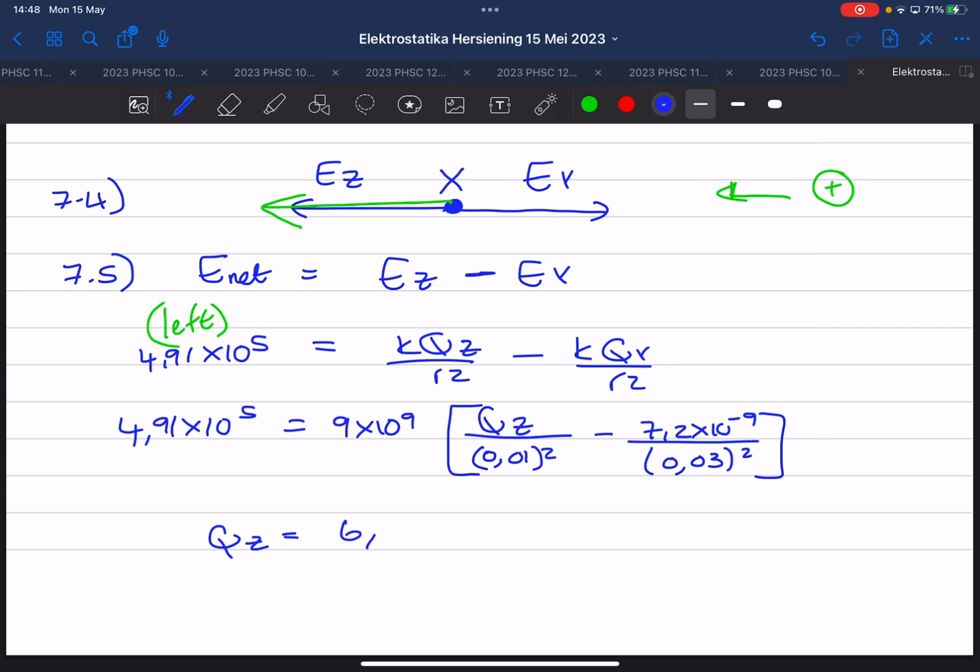Kry julle ook 6,26 maal 10 to the mag minus 9 Coulomb? Kyk.